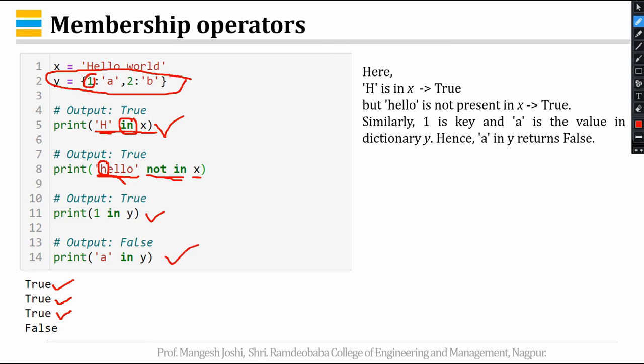Now the fourth statement, that is print "a" in y. It will give you false. Why? Because "a" is the value and not the key. Oh, sorry, it will only search for the key and not the value. So that's why this statement is returning false.